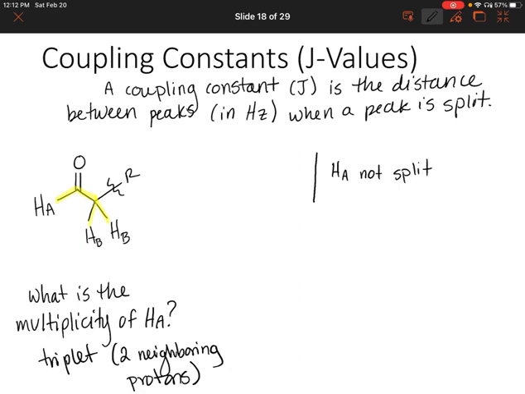So HA is going to be split by 1 HB proton first. That will result in 2 peaks there. And the distance between these we'll call JAB.